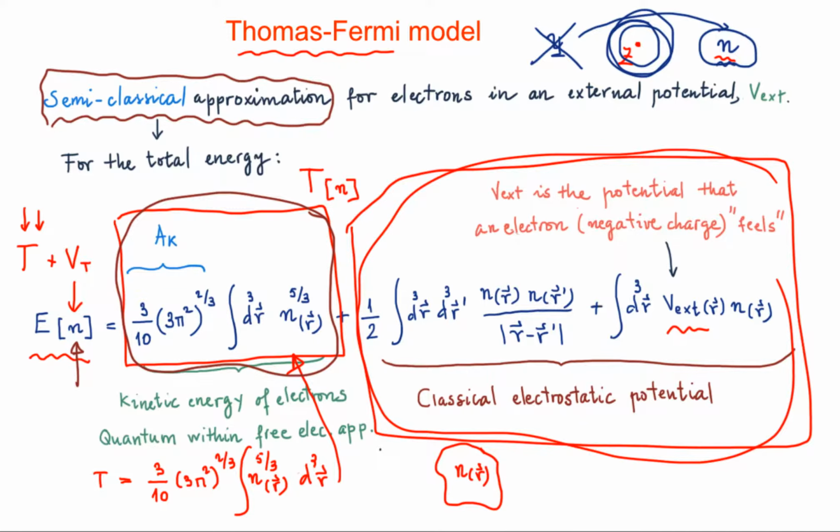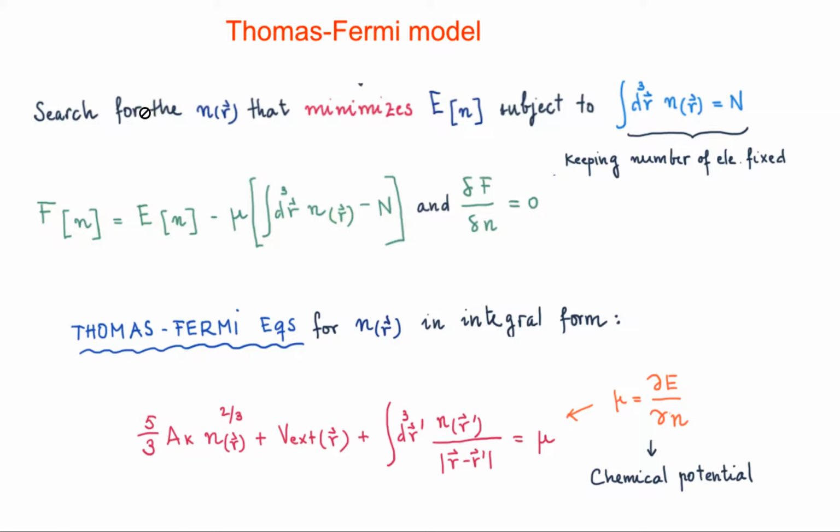And that's what we are going to do next. The equation that this electronic density is going to satisfy is the one coming from the minimization, but considering the constraint that the total number of electrons is fixed. So that equation has to be satisfied. And we do know how to do that.